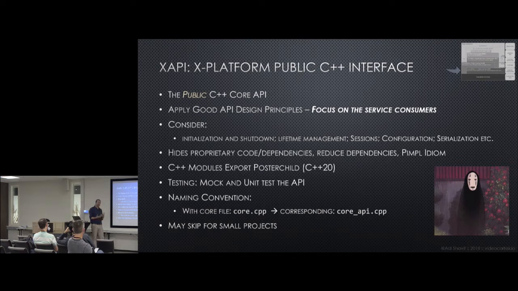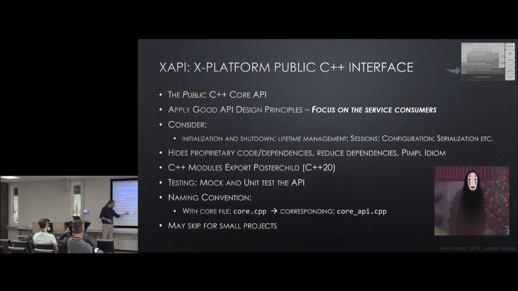Again, the type of testing we do at this layer is mocking and unit testing the API itself. So we're not going to test that the functionality works, because we've already done that at the previous layer. But we want to make sure that building a session, for example, testing it, working it, making sure it starts properly and initializes, this is the right place to do it. The naming convention that I use, again, this is just a recommendation. Of course, you do whatever you like.